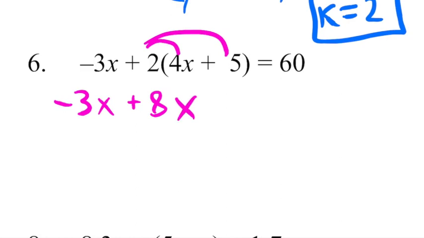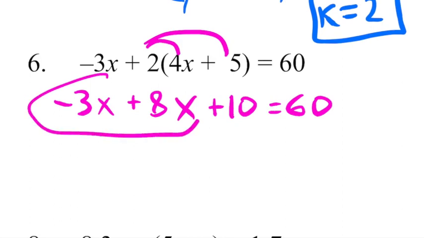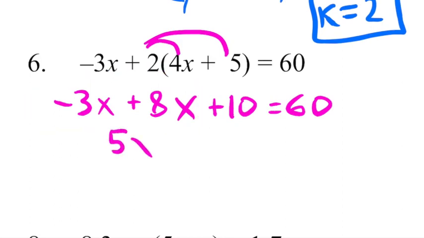And I'm going to distribute that 2 to make 8x plus 10 equals 60. Now there's actually still more work to do on that left side, because I can combine like terms here to get 5x plus 10 equals 60.